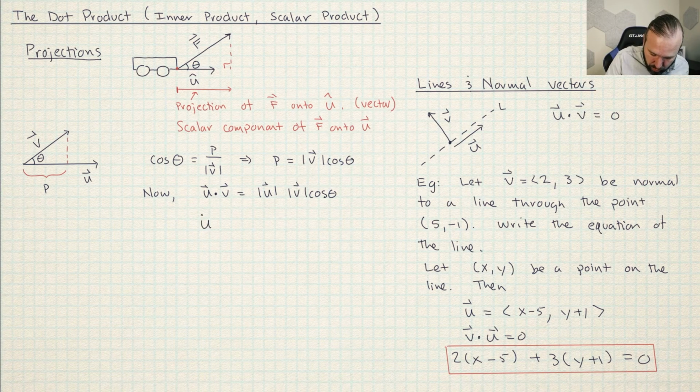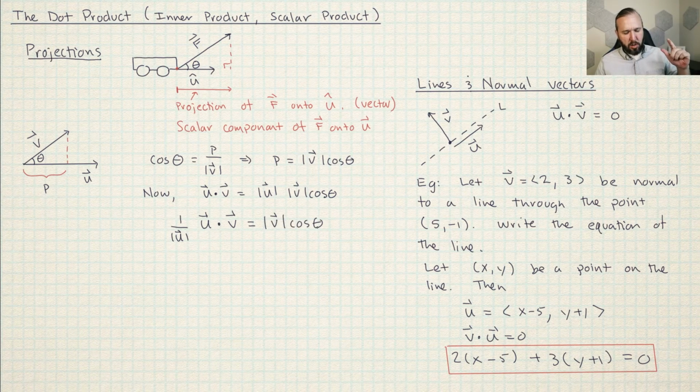So u, and then I'll put a 1 over magnitude u out front here. And then dot product with v, this is going to be equal to the magnitude of v times the cosine of theta.